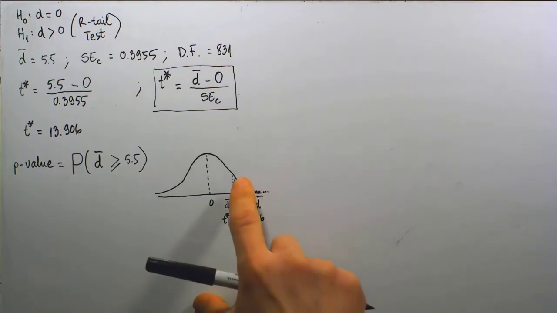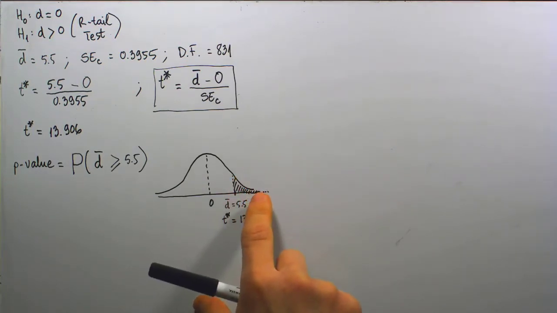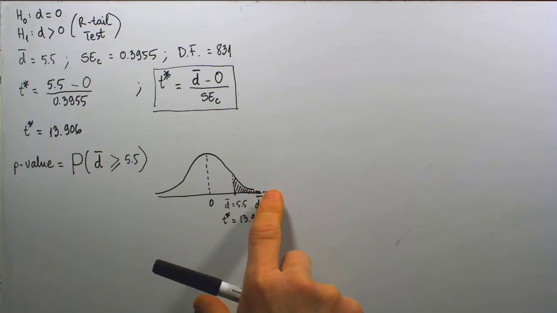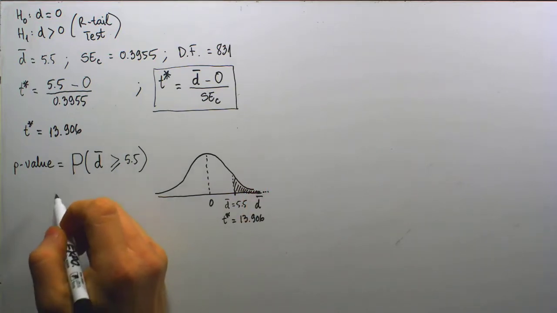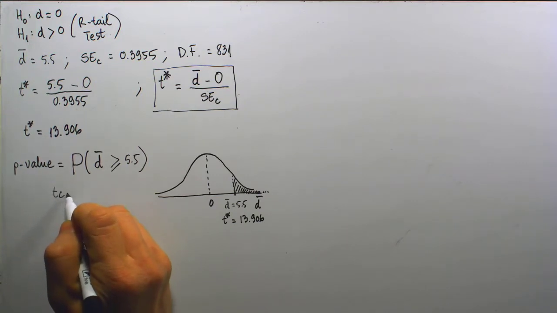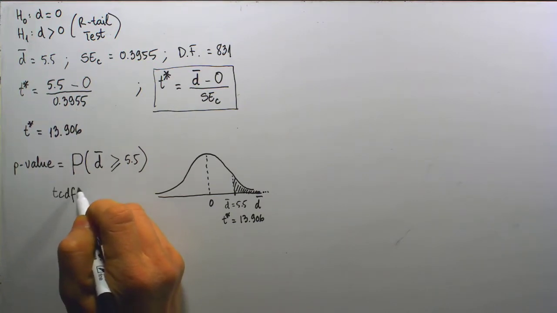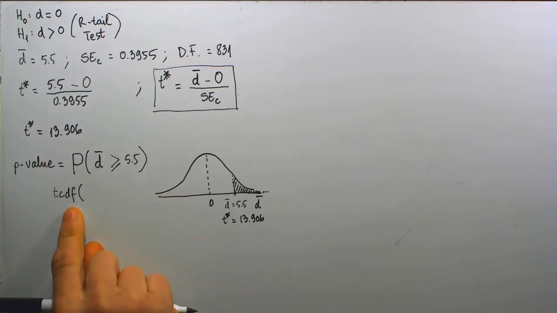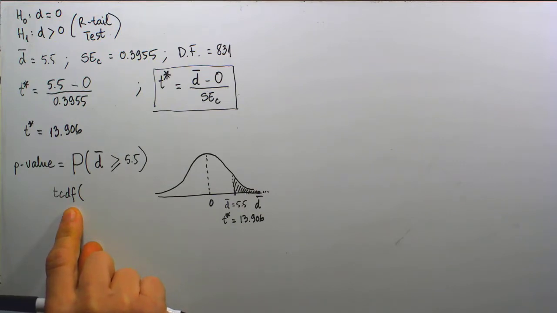So in order to calculate this area shaded to the right-hand side, we are now going to run our TCDF program from the calculator that we're using, the TI-83 or 84. For anyone using a calculator other than the TI-83 or 84, there should be a similar function that does the same work here.